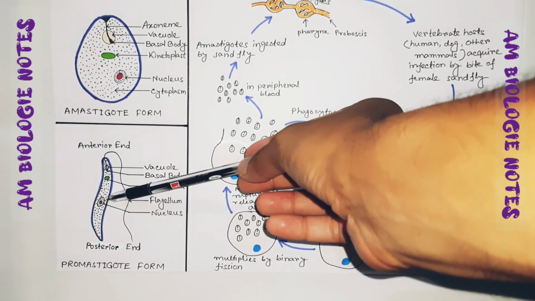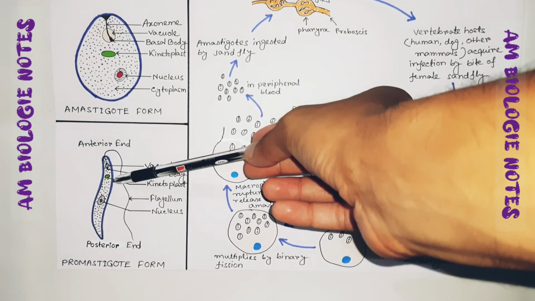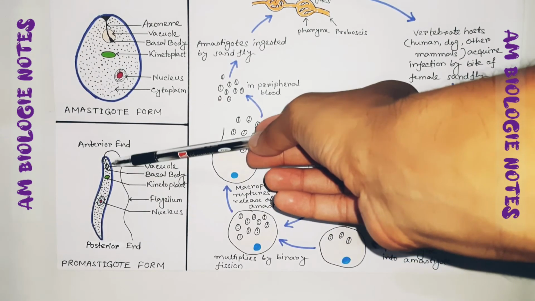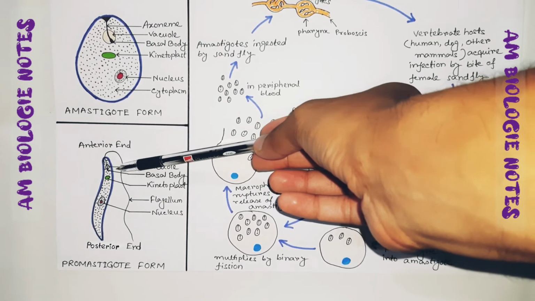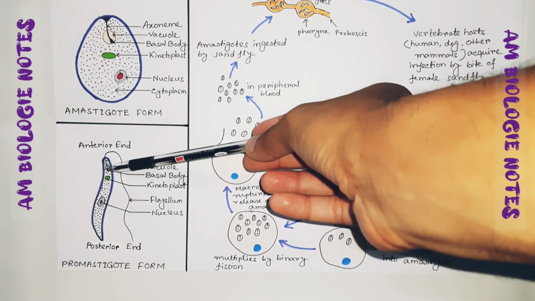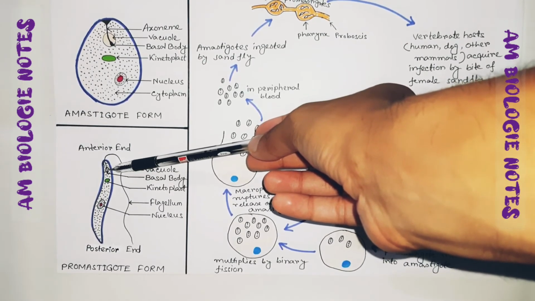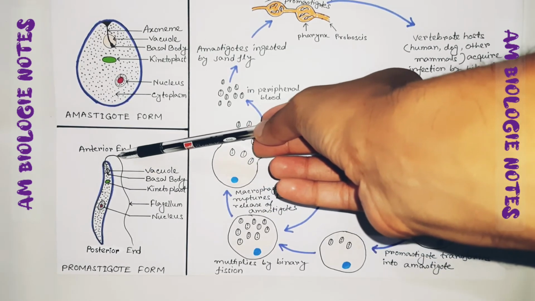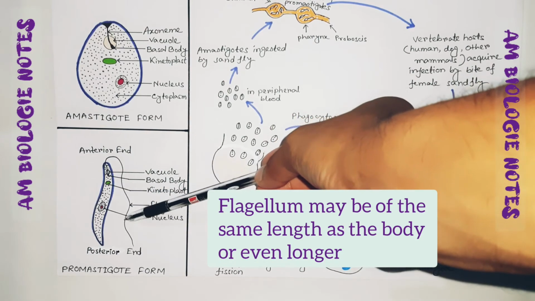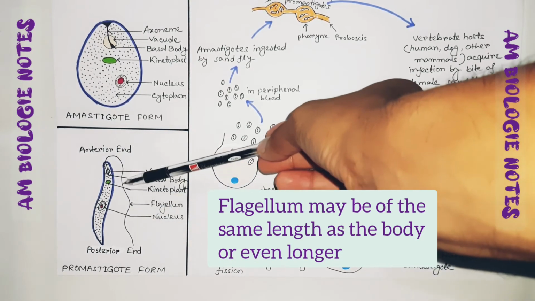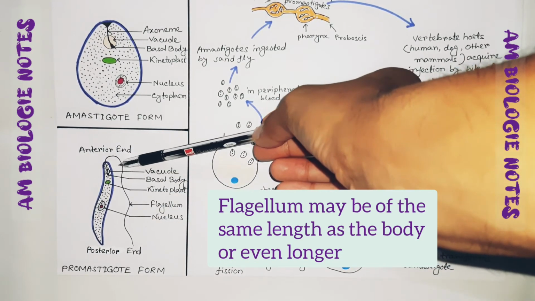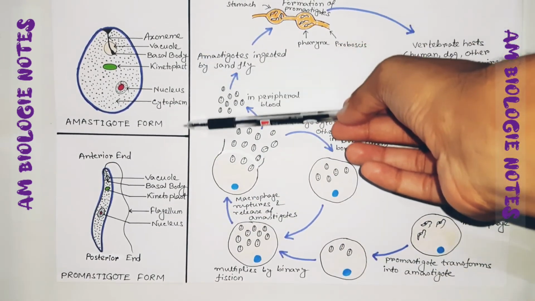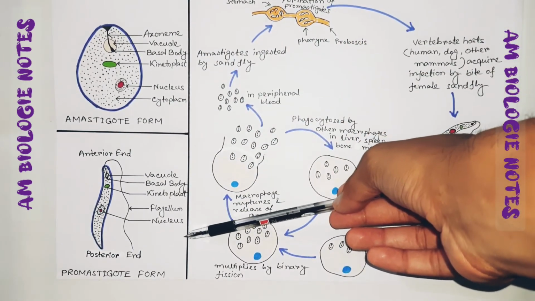Nucleus is situated centrally. Kinetoplast lies transversely near the anterior end. A light staining area called the vacuole lies in front of the kinetoplast, over which the root of the flagellum runs. The flagellum may be of the same length as the body or even longer. So this is all about the morphological features of Leishmania donovani.